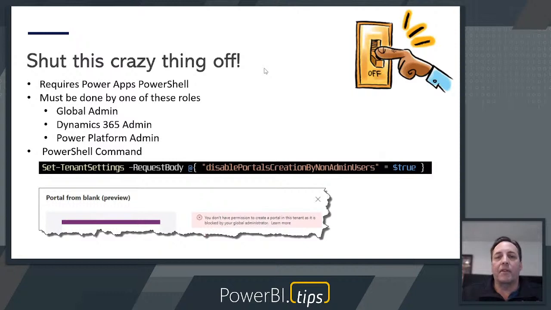Well, in the cloud world that we live in now, everything is on, and people have to go in and shut it off, and usually it's sometimes too late. It's already gotten out into the wild by the time people figure it out. But giving you a heads up on this one, so that if you're a global admin, you want to shut it off and keep control over it, that's how you do it.